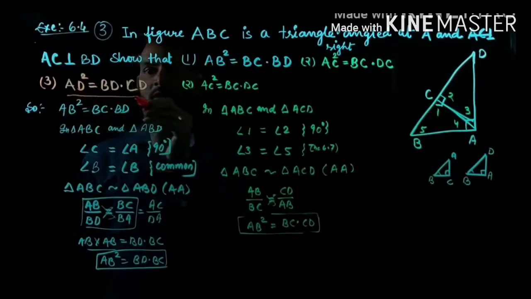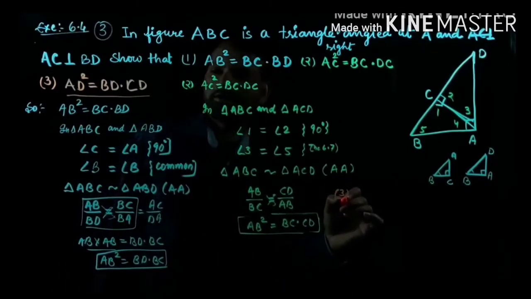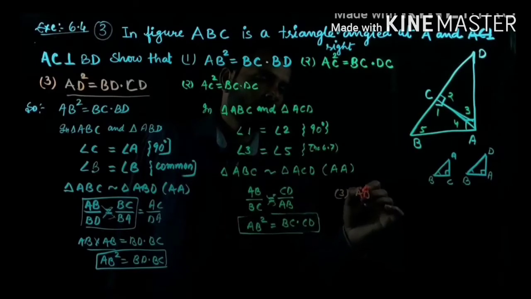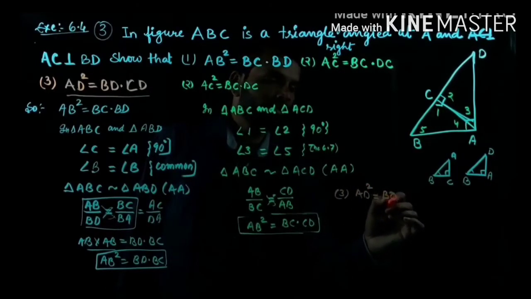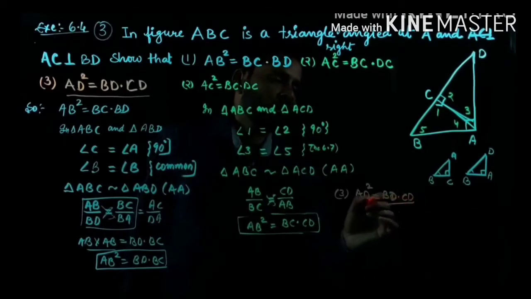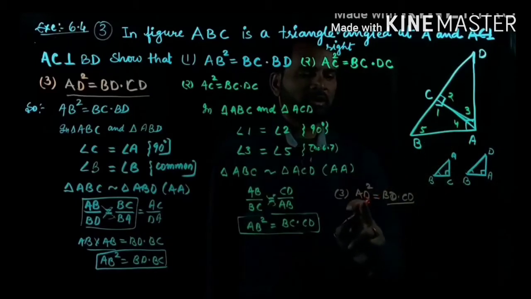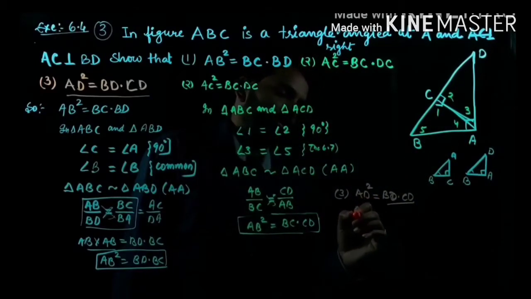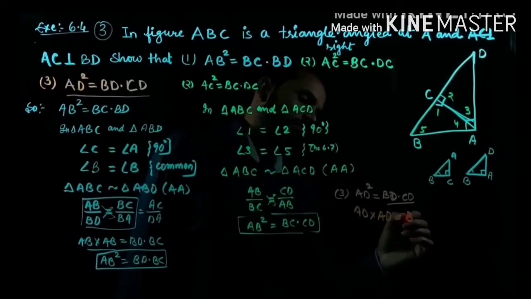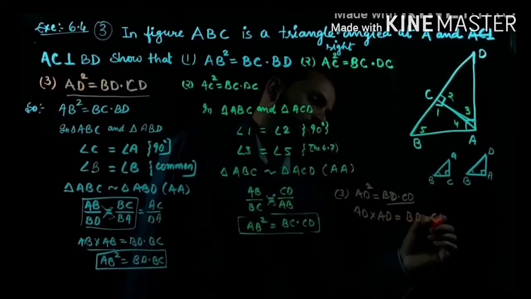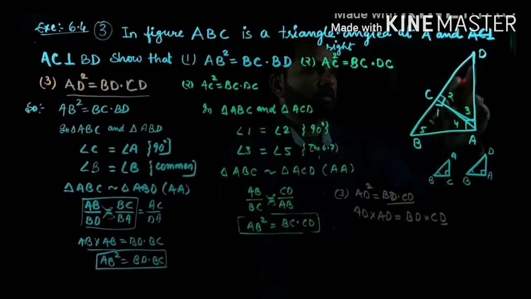Third solution: we write AD square is equal to BD and CD. AD, where is the AD? AD is a line segment. Again AD two times, we will write AD into AD is BD into CD. Okay, BD, where is the BD?